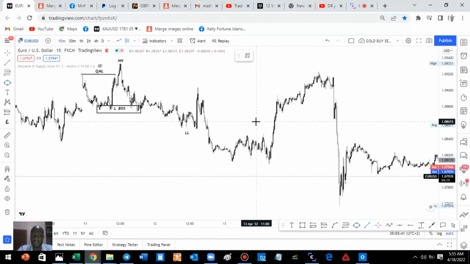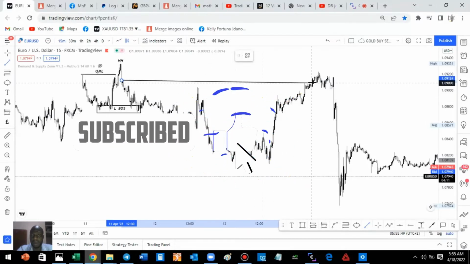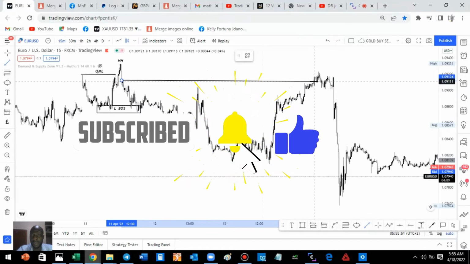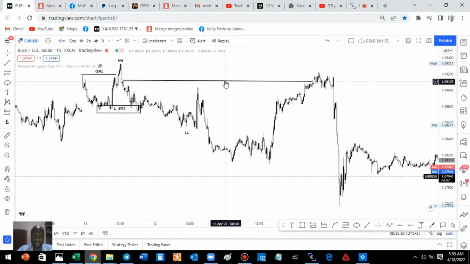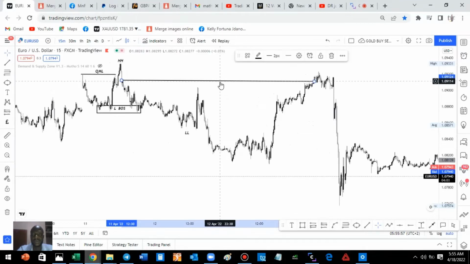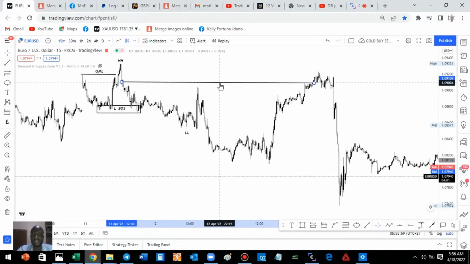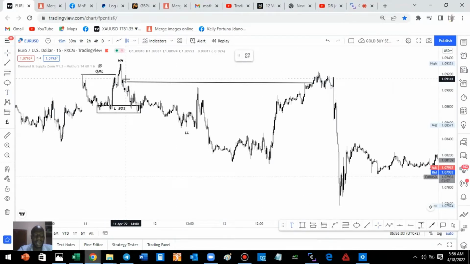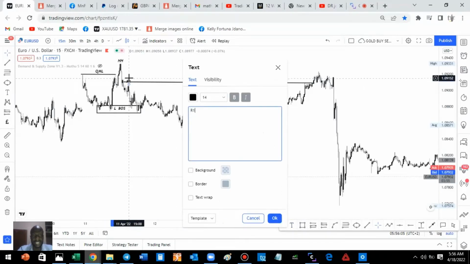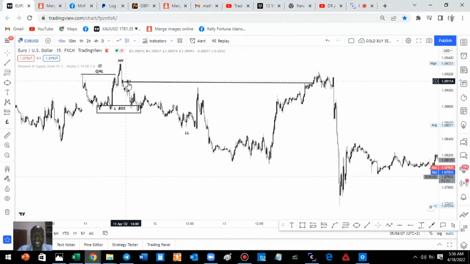What's the next thing? I'm going to look at how the market is coming to me. So I'll look at this level. You see that at this level we had a lot of rejections. So I can just get my trend line and label this. I'm looking for areas where the market was rejected several times. So this is my R1, my first resistance.